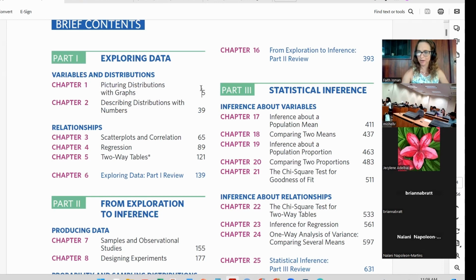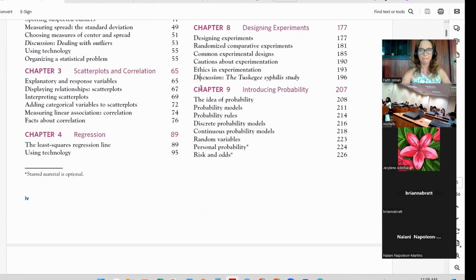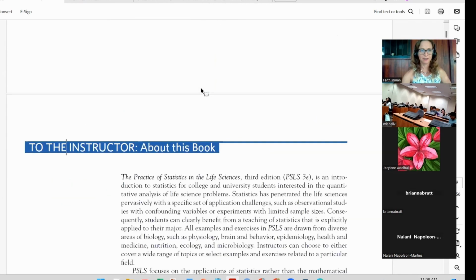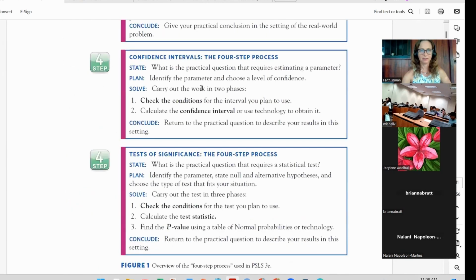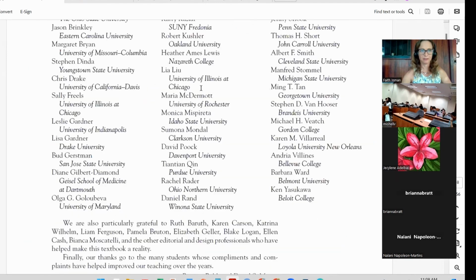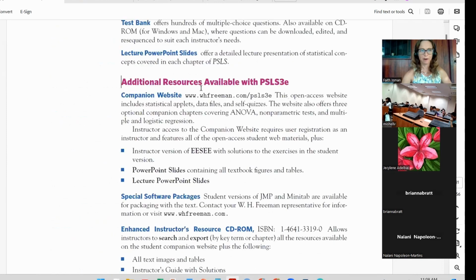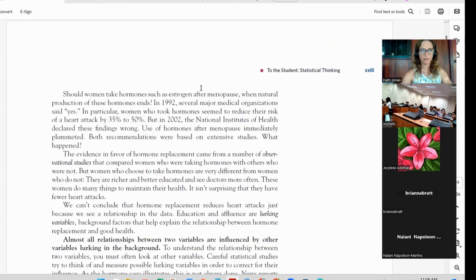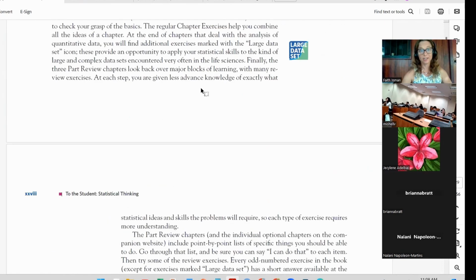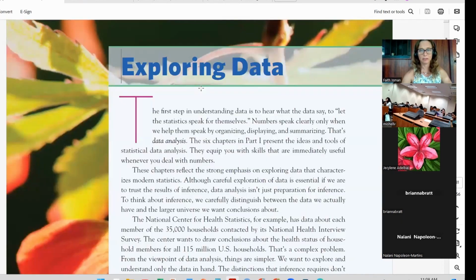So we'll just go down to chapter 1. This is the detailed table of contents. I recommend following along with me as I do this. The introduction is really helpful as well.